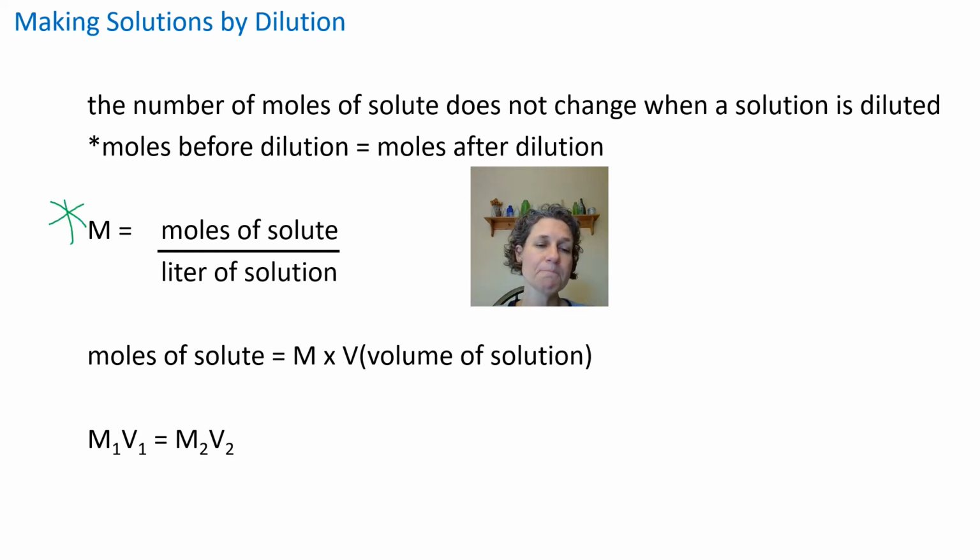So then I can kind of rearrange that and have molarity times the volume of the solution, or liters of the solution, equal on either side, before dilution and after dilution. And so if you do all that and you then need to determine the amount of grams, that's when you have to go to the periodic table and solve, just like we did on the page before.